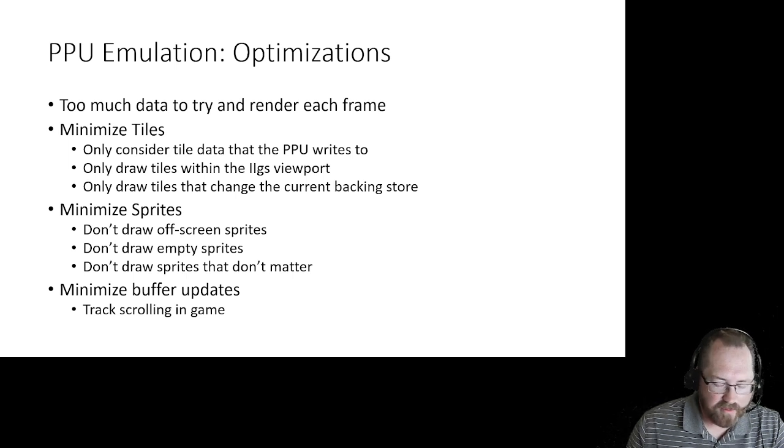And then finally, and this is where using GTE kind of comes in, we can track scrolling in the game, and that really minimizes the amount of memory we need. We can hook in and make sure that we're only drawing tiles that are coming into the current visible view of the engine, rather than every single tile that the game code has changed in the previous frame.